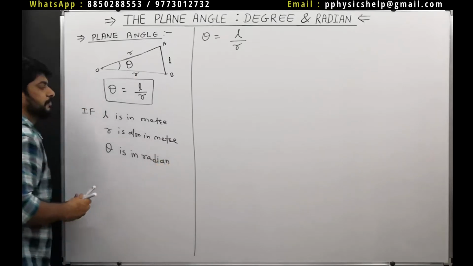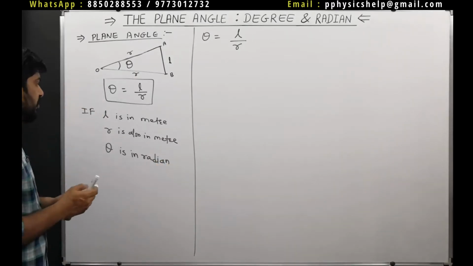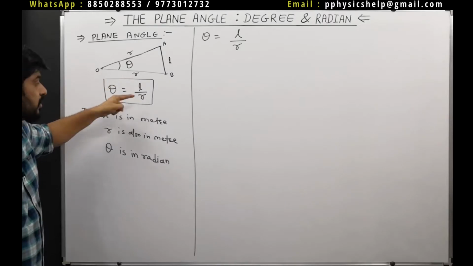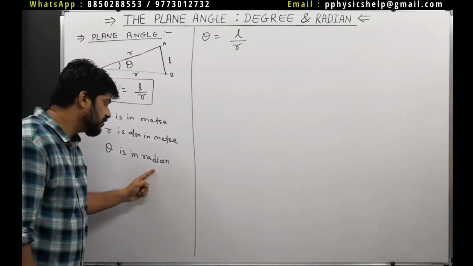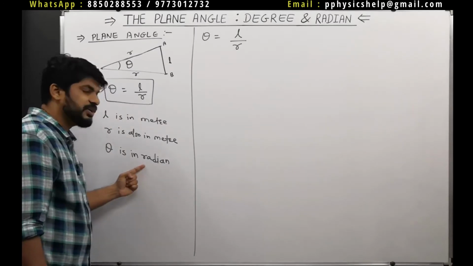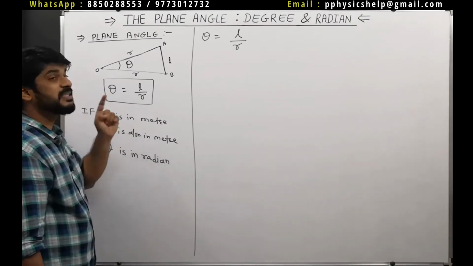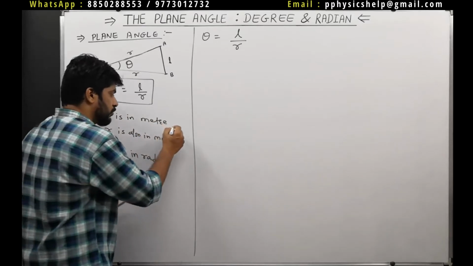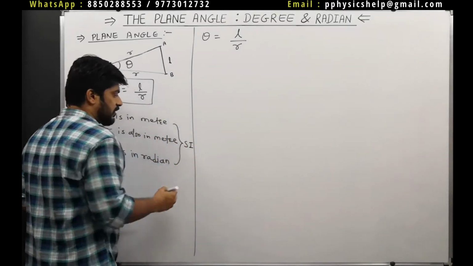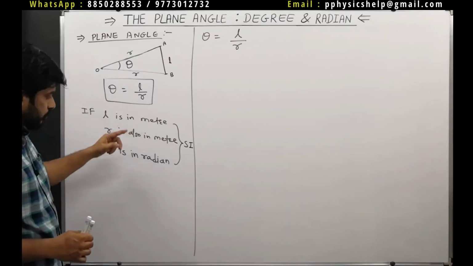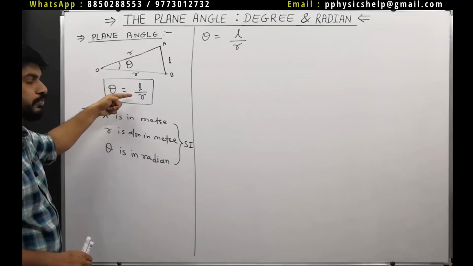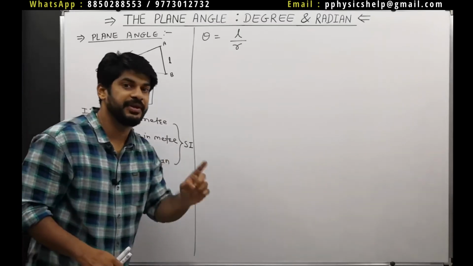Remember this. If length is in meter, r is in meter, then theta is going to be in radian. Remember, this meter and this radian, they are both SI units. So the theta that you get when you divide these two is in radian.